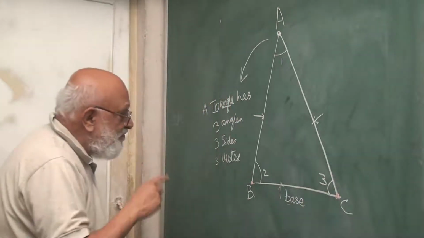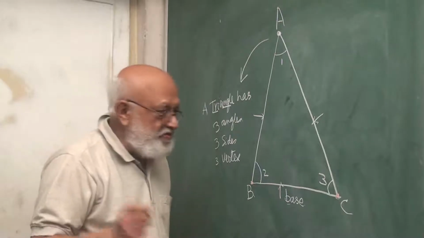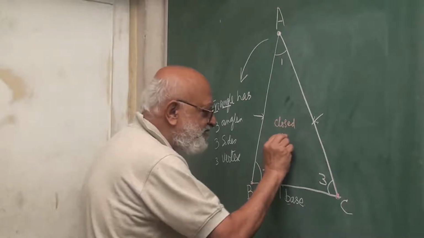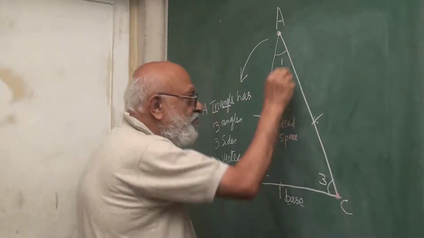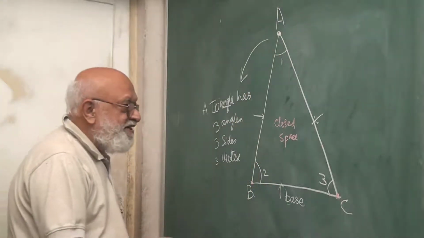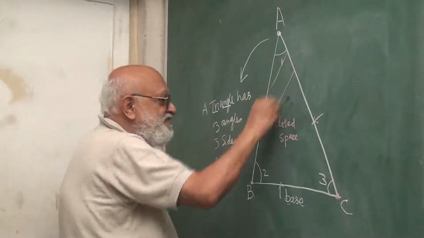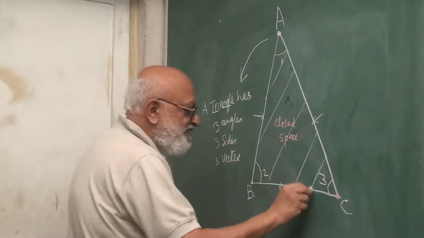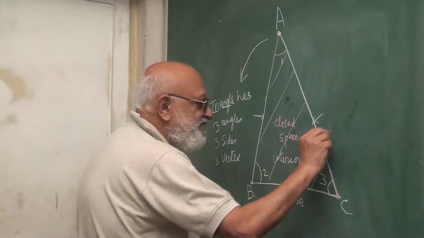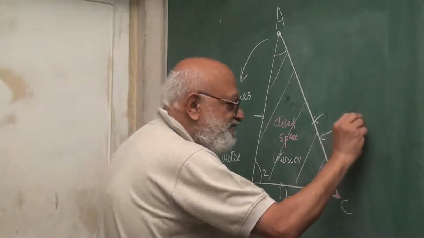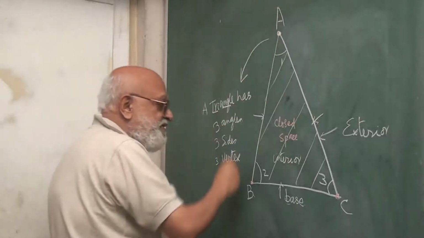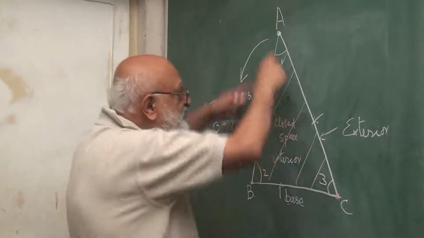And secondly, and the most important thing, this is also a closed space. So being a closed space, this inside is called interior, and this is called exterior. Exterior means all the things which are outside the boundaries of this thing.